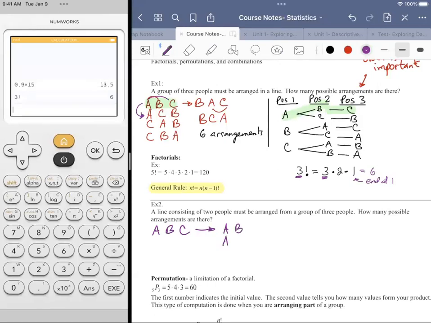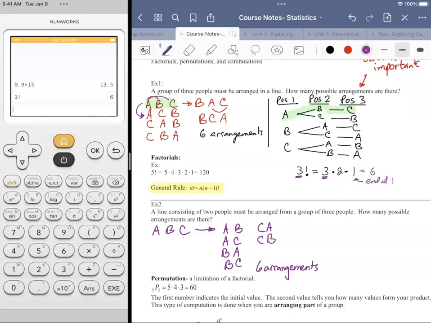AC, BA, BC, CA, and CB. Still 6 possible arrangements.